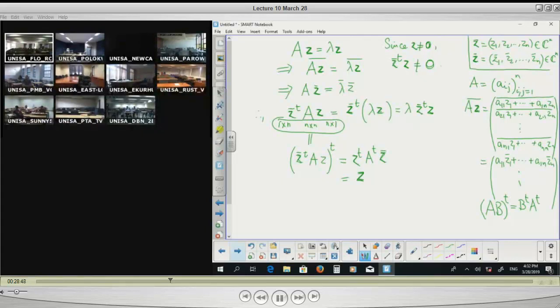Okay? So this is what? Now this is Z transpose, but you told me A is symmetric. So this is the same as A Z bar. Okay? But A Z bar is lambda bar Z bar.